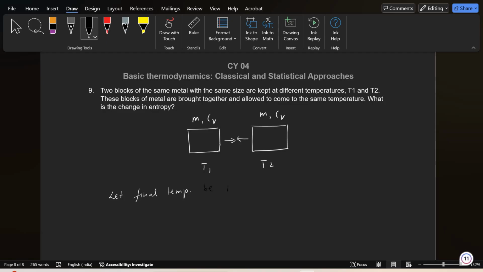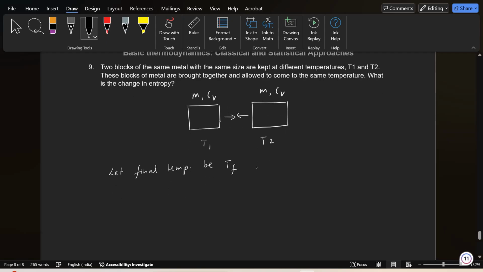Whatever heat is lost by block 1 will be equal to the heat gained by block 2. We'll assume T1 is greater than T2. So dq1 will be equal to dq2. Heat lost is equal to heat gained.